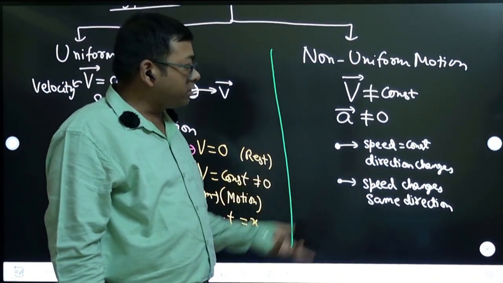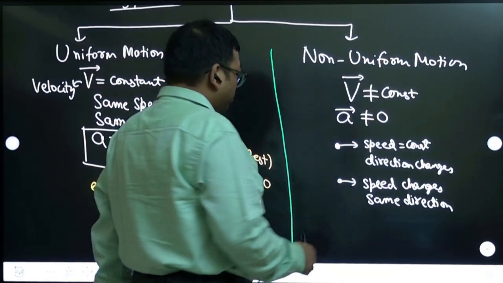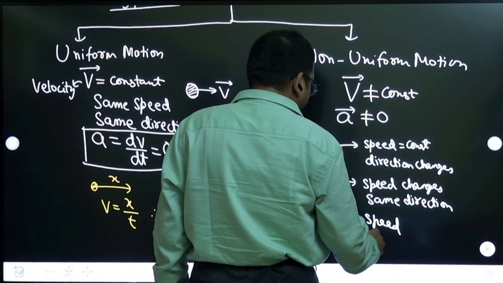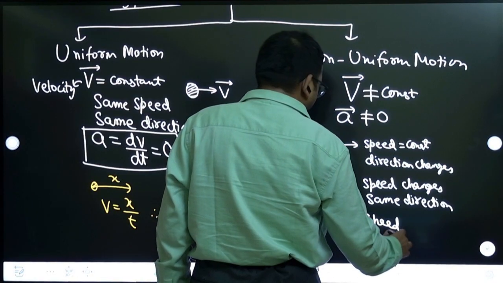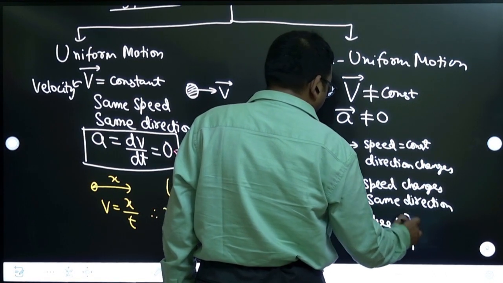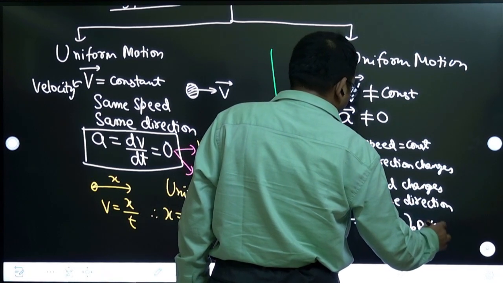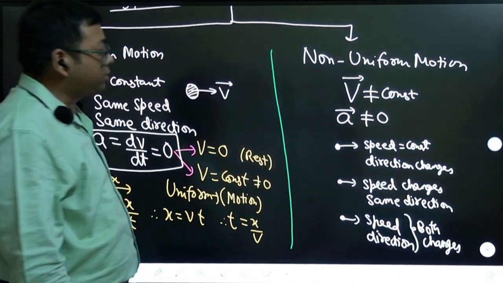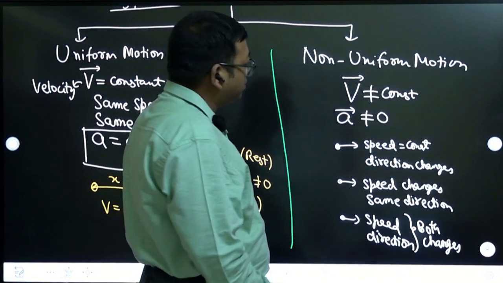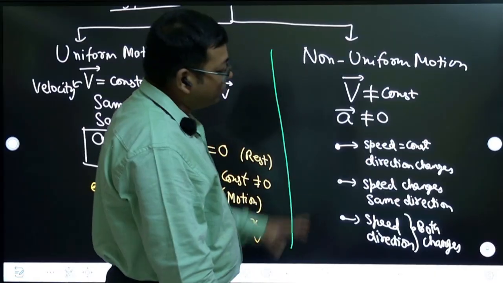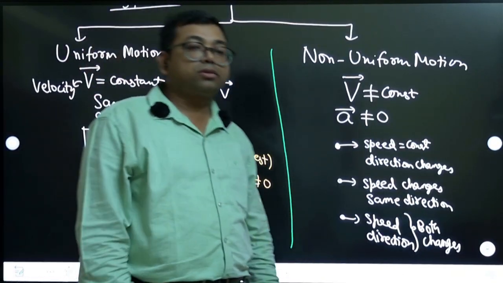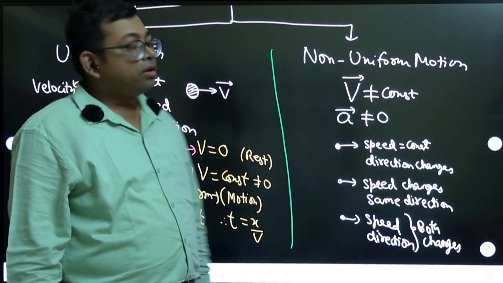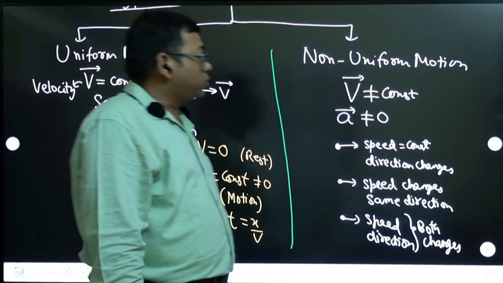In the first case speed does not change, direction changes, or both speed as well as direction can change. So when both change or any one of them changes, that is what we say velocity is changing, because velocity involves both speed and direction. So if any one of them changes, there will be acceleration. So that is non-uniform motion.